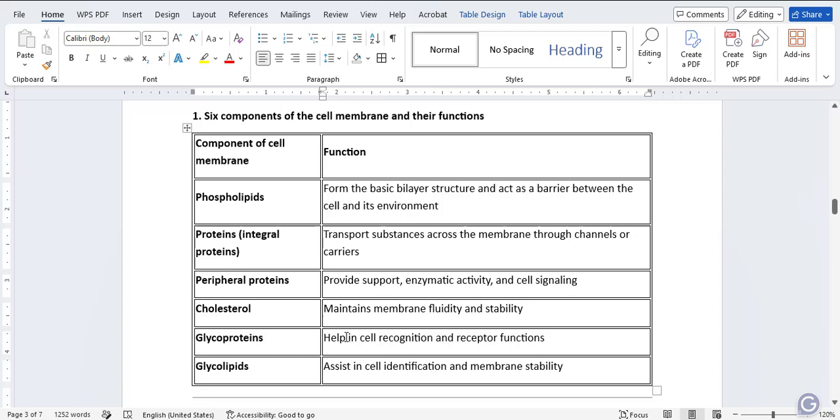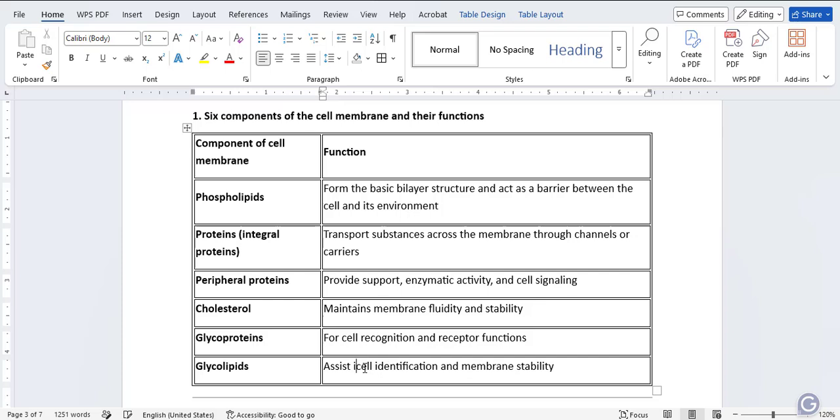As we said, we don't want to use "help" in our discussion, so you can just go straight to the point: cell recognition and receptor functions. And glycolipids are involved in cell identification and membrane stability.